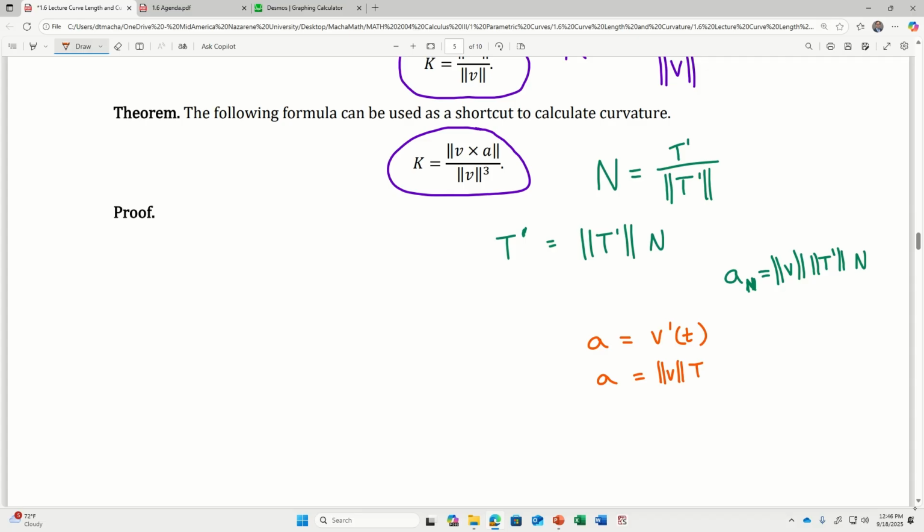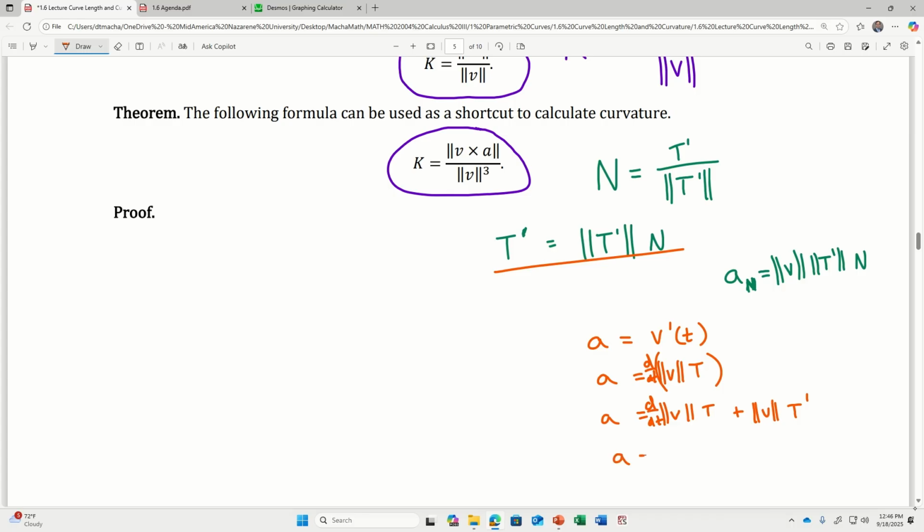And so if I want the derivative of this product, I can use the derivative product rule, and I get the derivative of speed with respect to time times T plus the speed times the derivative of T with respect to time. Oh yeah, and there it is.